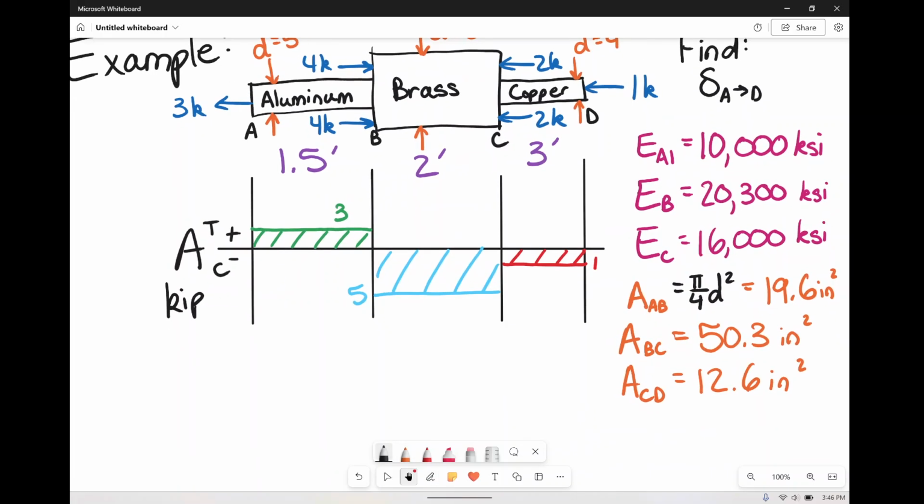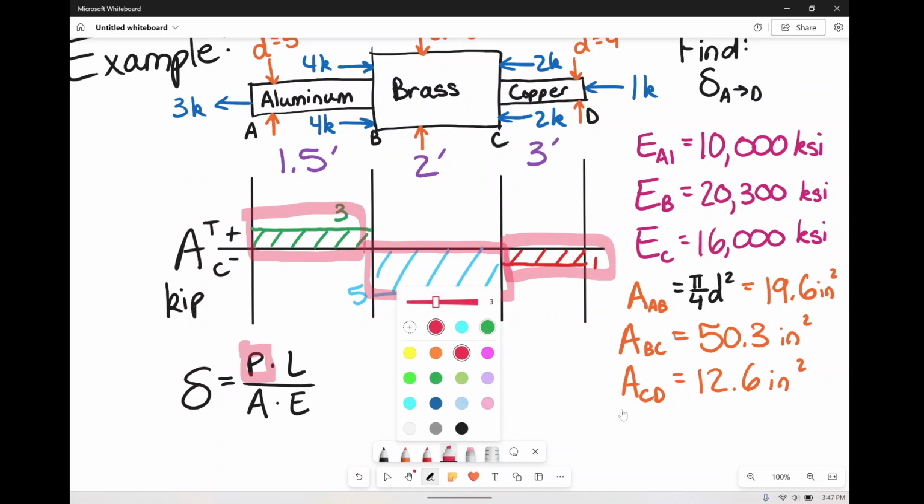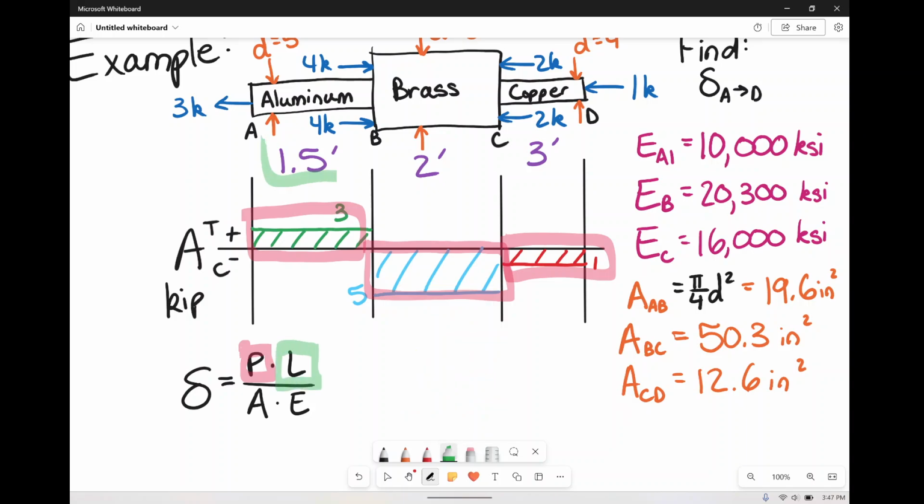Now again, remembering that our equation for deformation is P times L over A times E. What I have is P, right? I'm going to highlight my forces. Here's 1, here's 2, here's 3. So I have my 3 forces. Lengths. Let's find lengths. Here's length. We have 1.5 feet, 2 feet, and 3 feet.